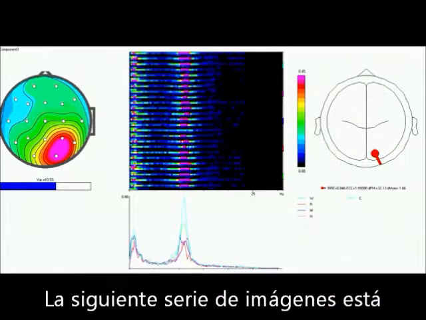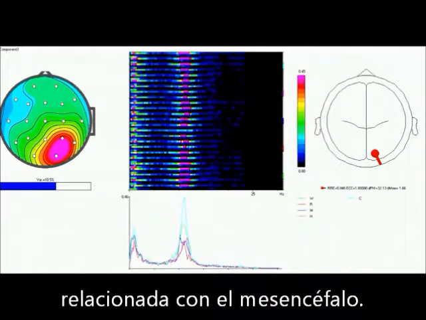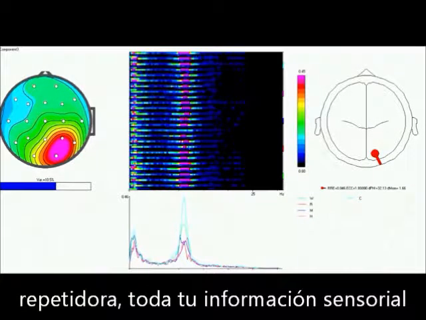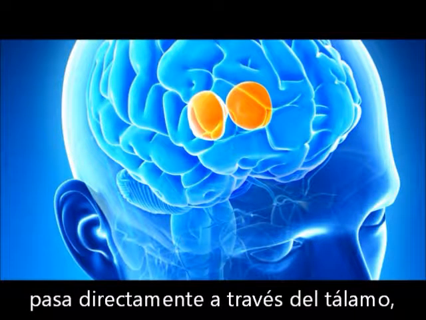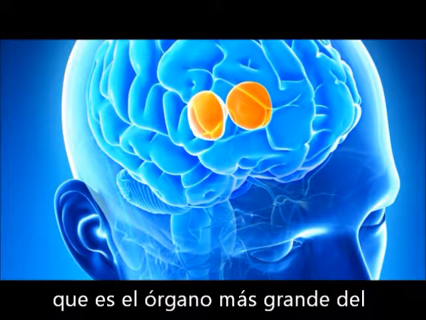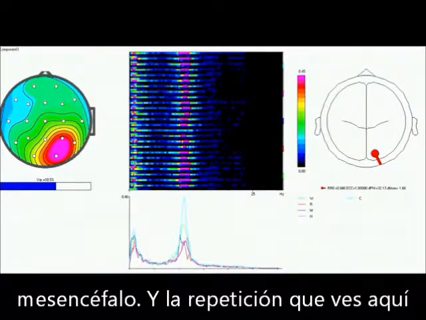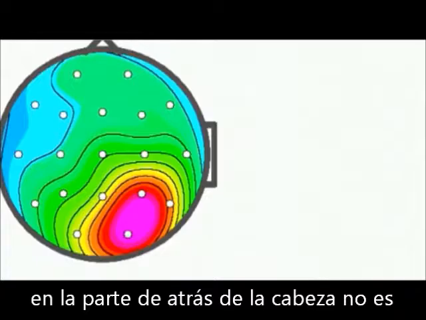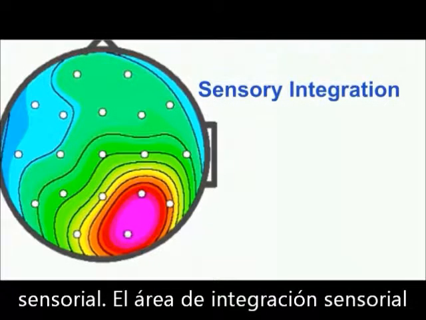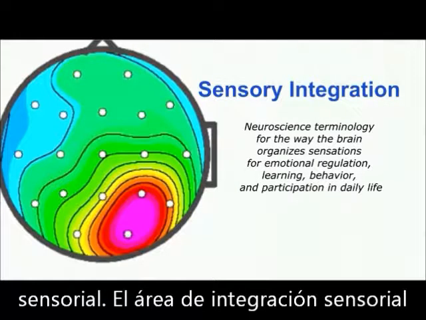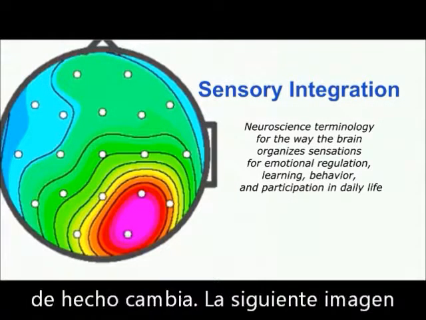The next series here is related to the midbrain. The midbrain is a relay station. All of your sensory information, except for the sense of smell, goes directly through the thalamus, which is the biggest organ within the midbrain. The relay you see to the back of the head is not just visual, it's sensory integration, and the sensory integration area actually shifts.